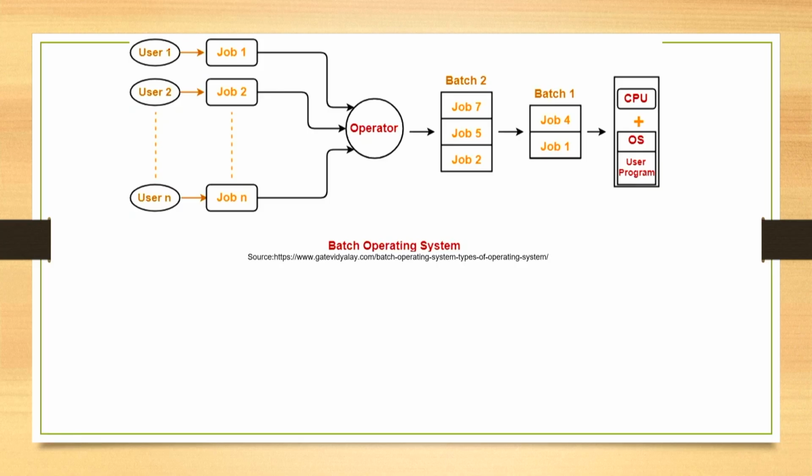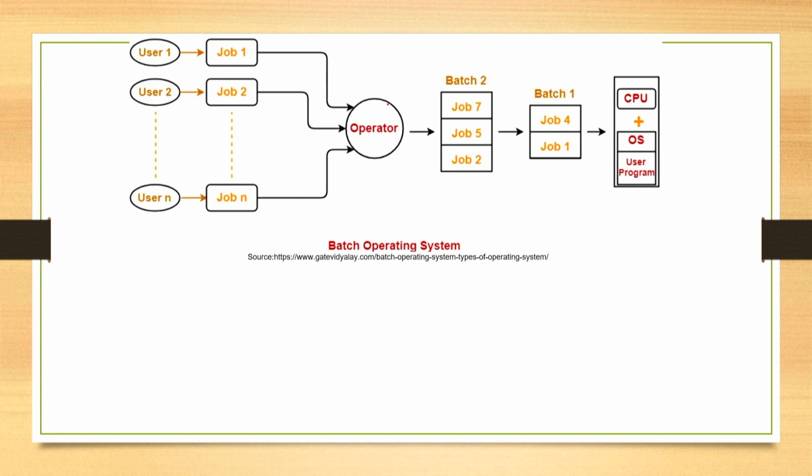From the diagram you see we have the various users, user 1, user 2 up to user n. User 1 wants to execute job 1, user 2 wants to execute job 2 and so on. They submit their jobs to the computer operator.